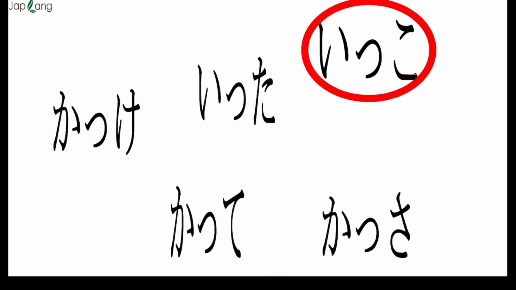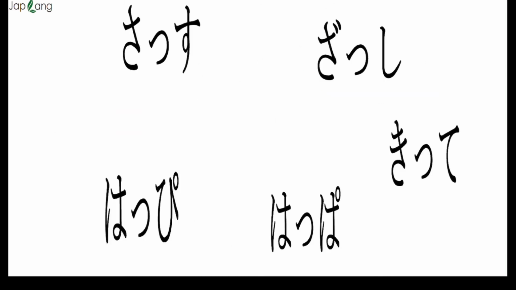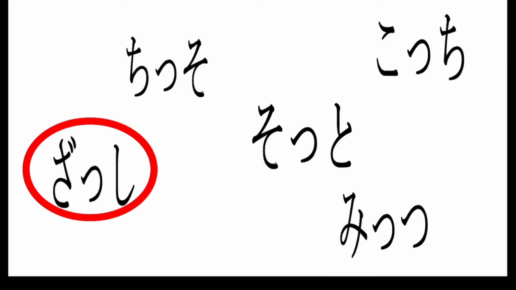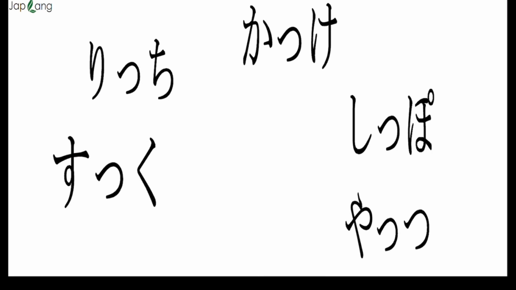Then where is Happa? Happa is at the bottom. Now please tell me where is Zasshi? Zasshi is left-hand side. Alright, you're doing good. Next, please tell me where is Sippo. Sippo is right-hand side in the middle.